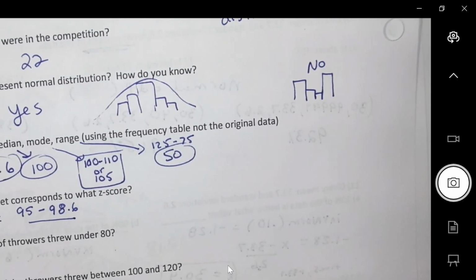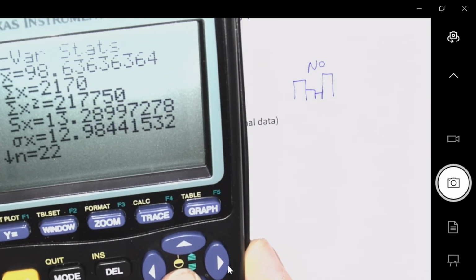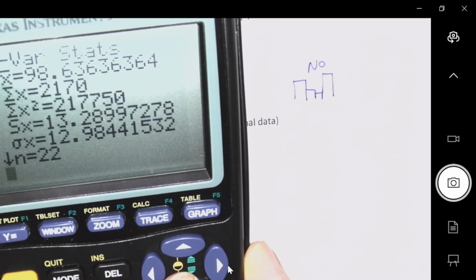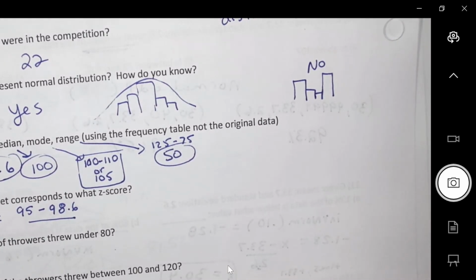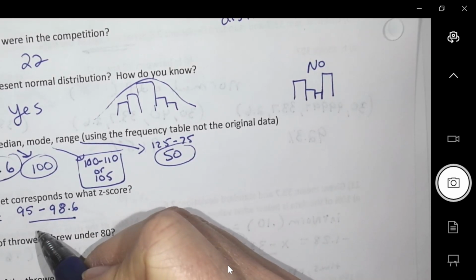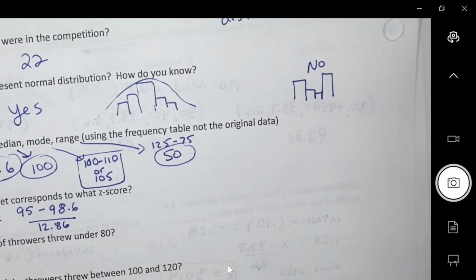Did you guys write yours down? Did you get 12.98? Okay. What do you want to do there, rounding? Can we just leave it 12.98? Is that okay? Yeah. I hate rounding. Rounding's not good.